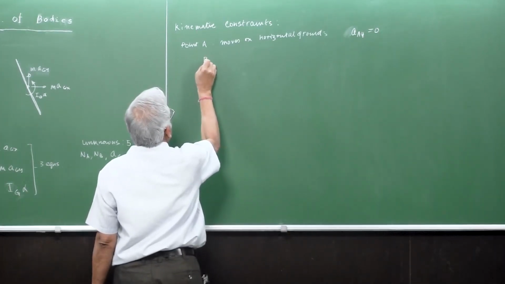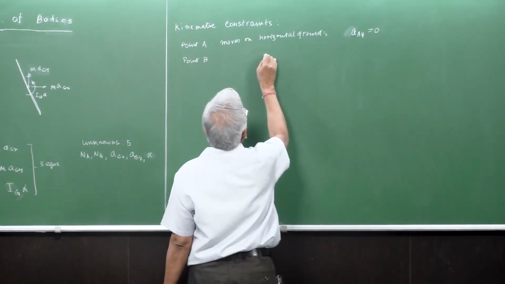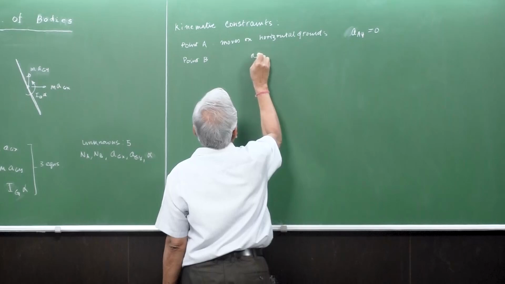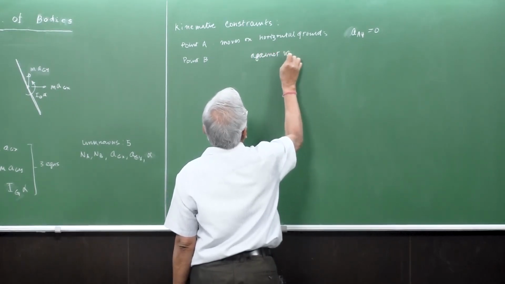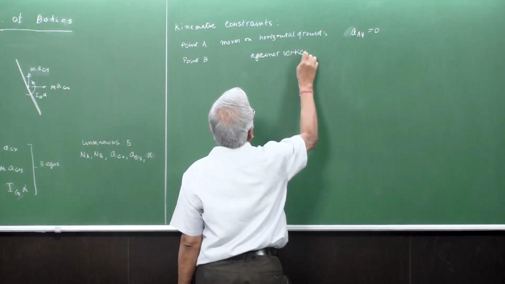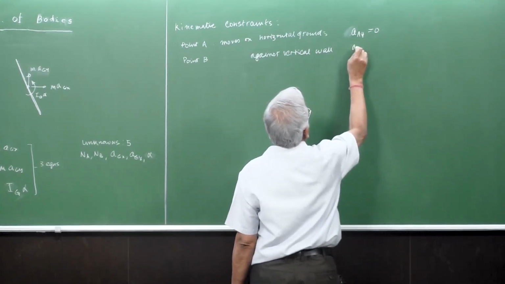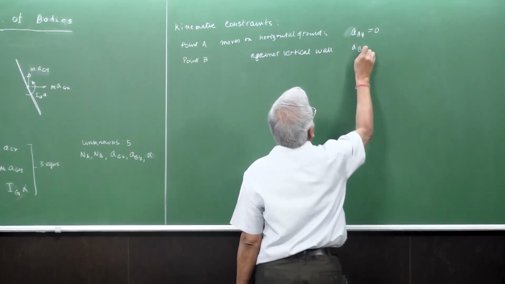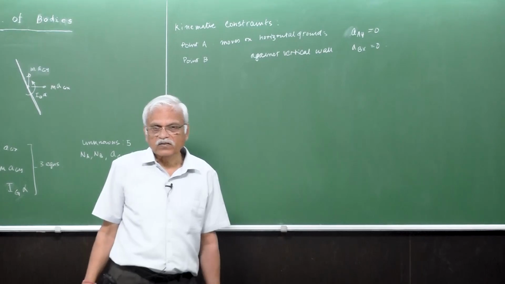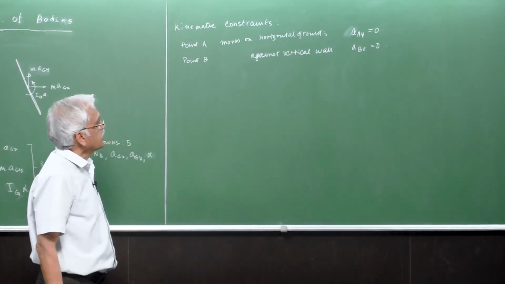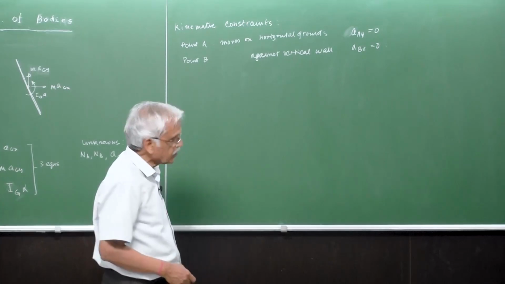And similarly point B on the vertical wall, which means that the B x component is 0. So these are the two constraint equations. Okay, so we have to get these things.